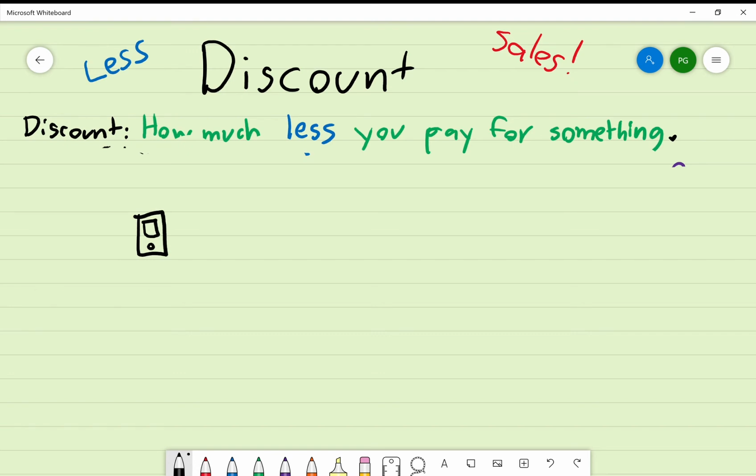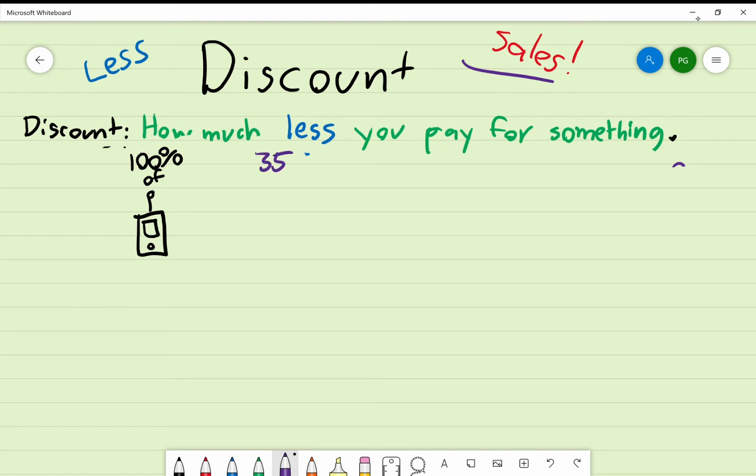Now that phone usually is at full price. It's usually being sold for 100% of its value. Since it's a phone, let's say it's P. 100% of P, usually. However, you're in luck. There's a sale. There's a sale for 35% off.